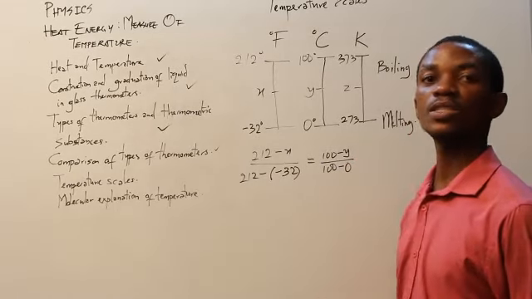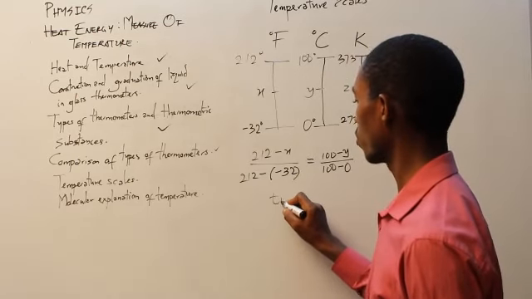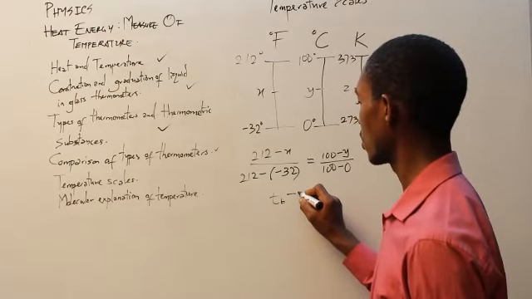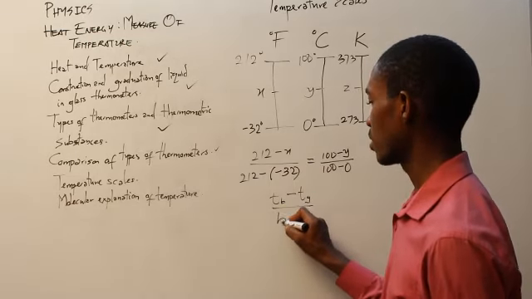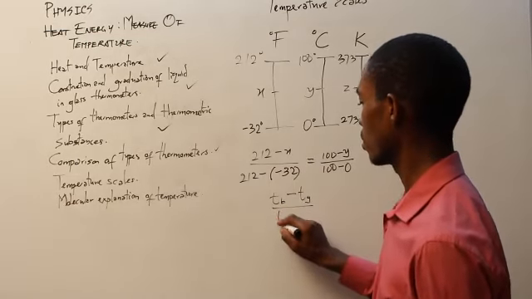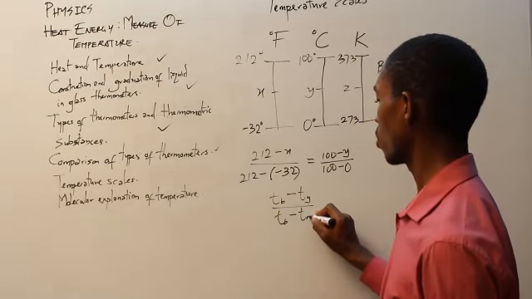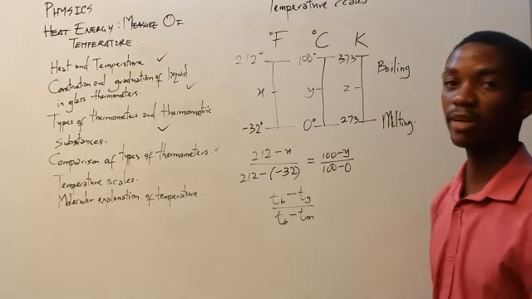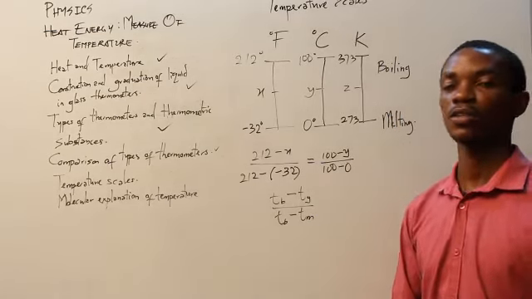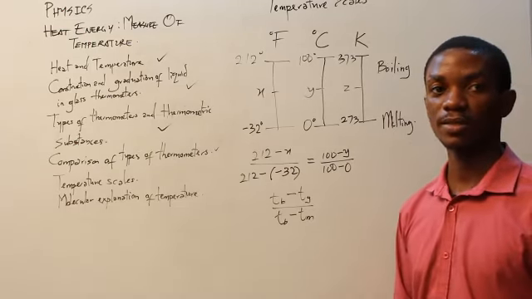So to put it in writing, it would be temperature of boiling minus temperature given, divided by temperature of boiling minus temperature of melting. You can keep this formula and generalize it across the thermometers.